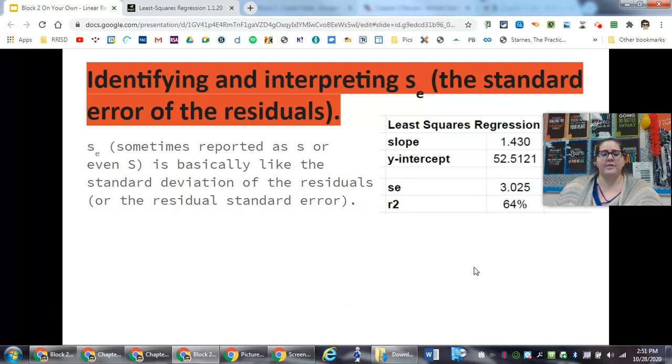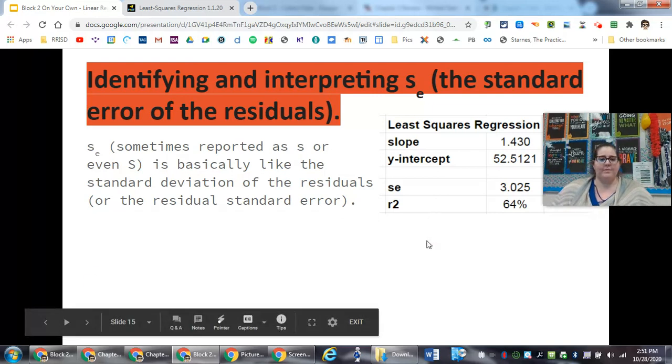Residuals are the difference between observed and predicted Y values. Standard error is kind of like the average residual, the average difference from the predicted to observed Y value. You can think of the line of best fit as our average, and the distance from that is a residual. So that standard or average distance is what this SE represents.